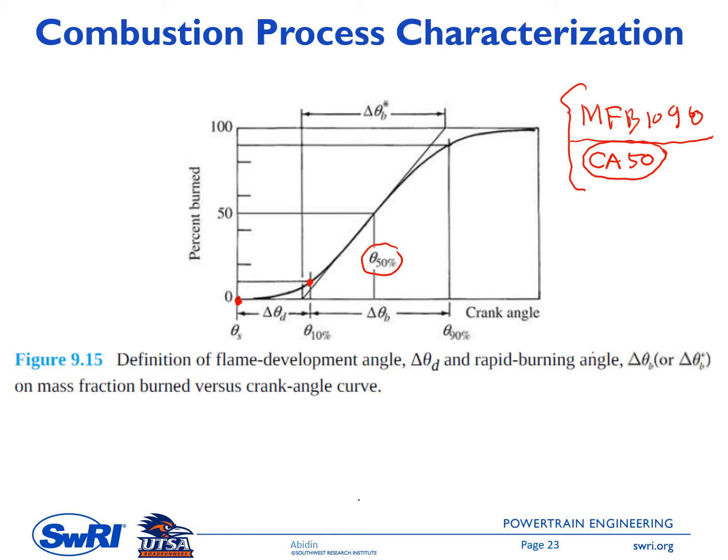You remember in the previous slide we talked about the MBT timing. Our target for CA50 timing is usually the point that can produce the MBT timing. But for sure you cannot attain this MBT timing for all operating points because it is limited by the knock phenomenon for the spark ignition engine.